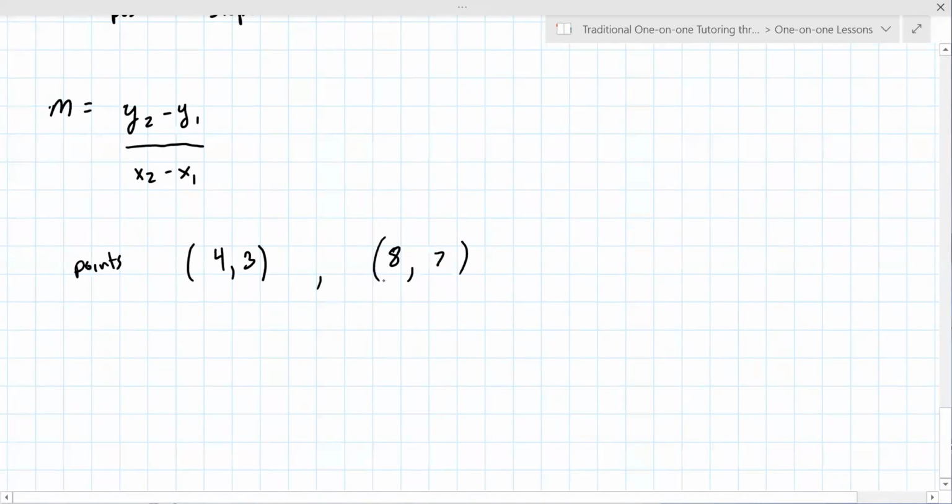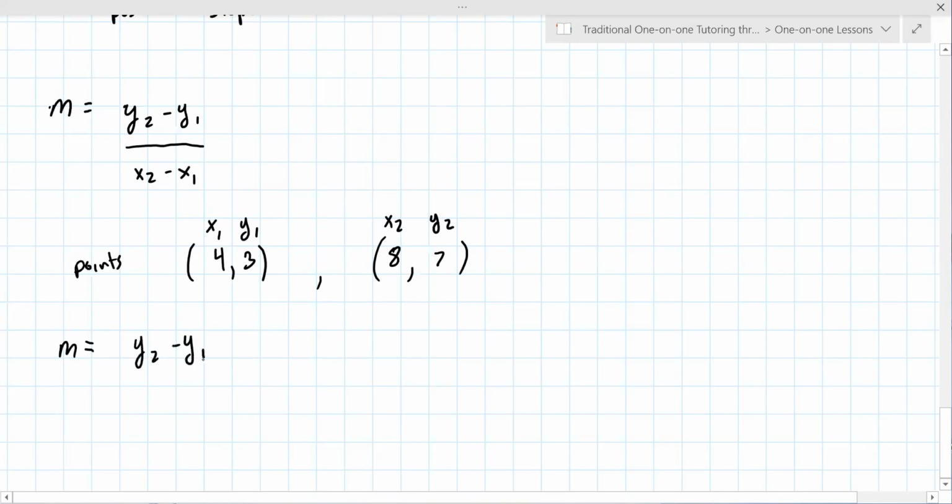We want to find the slope. What I recommend the first time you do this is you definitely label these. So it's x1, y1, x2, y2. The 1 means the first point, 2 is for the second point. All right.